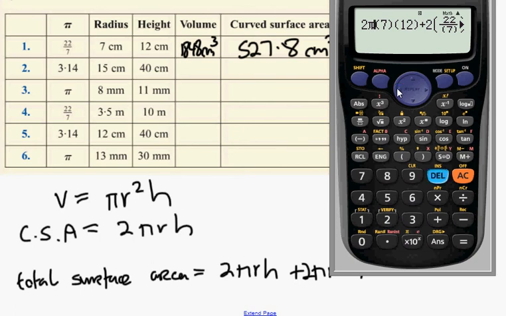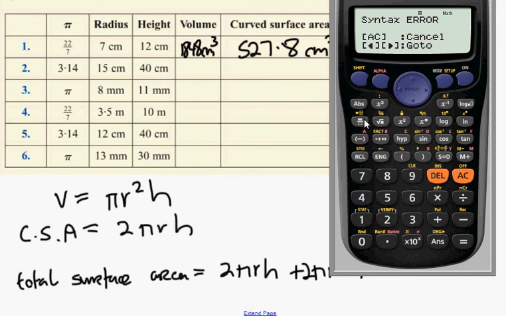So I can just do 2 times brackets 22 over 7, bracket 7, bracket 12.